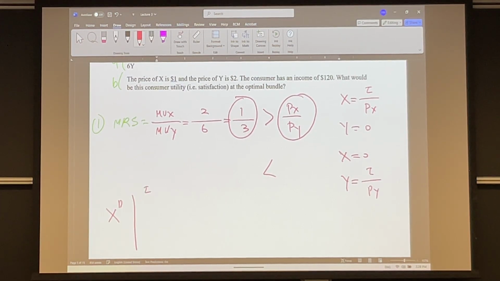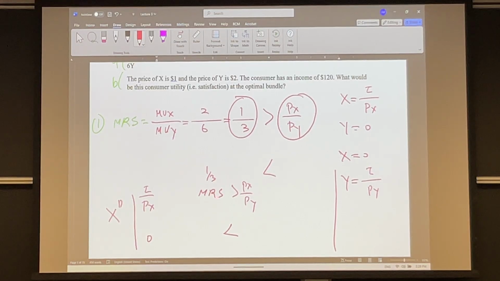You either spend all your money on it, or, assuming MRS is, in this case, 1/3 and that is more than the relative price, then you spend no money on X if it's less. It's kinked. It depends on the case. It can be this, or it can be that. That's a kink.